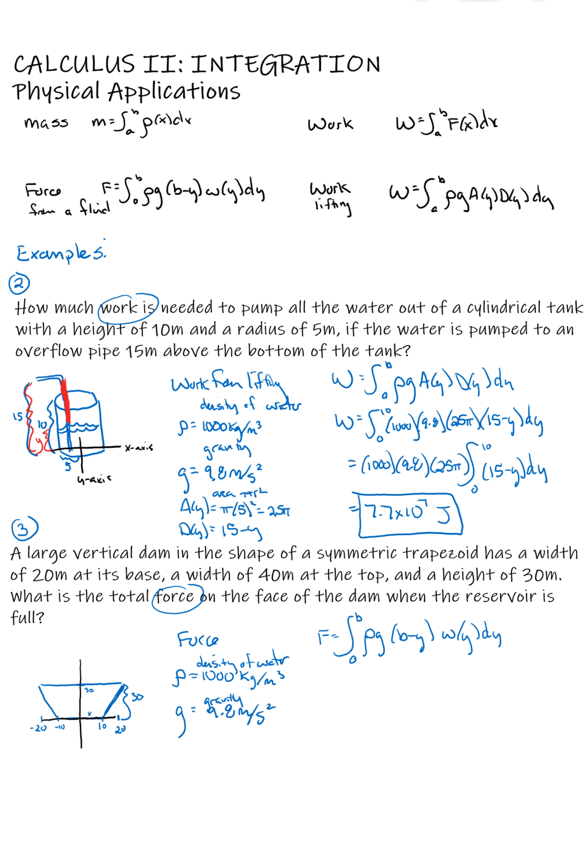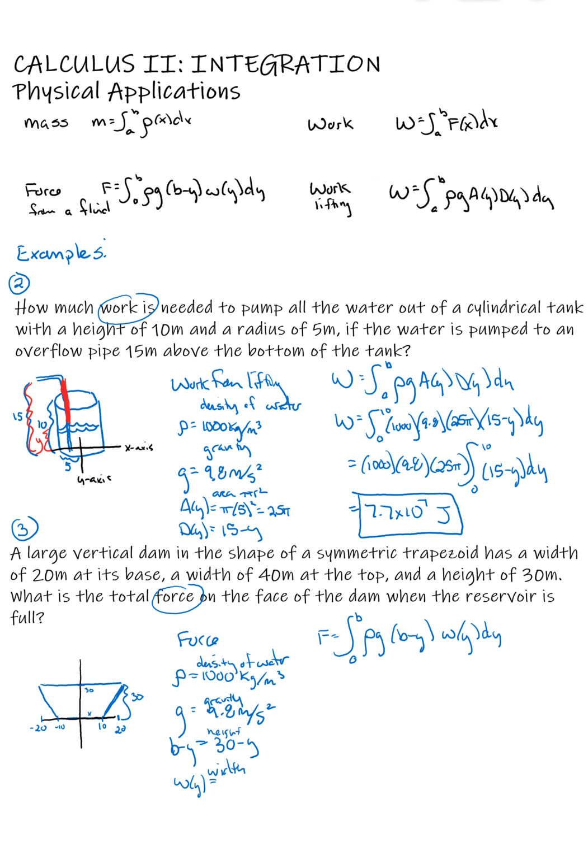In this b minus y portion, b is our height, so that will be 30 minus y. And then w of y is the width. Remember, y is the height, whereas w is the width.